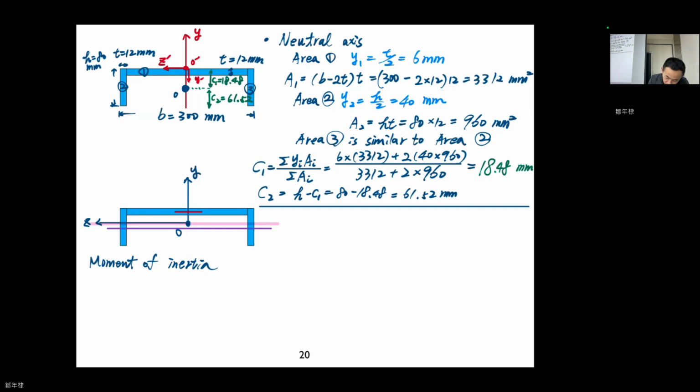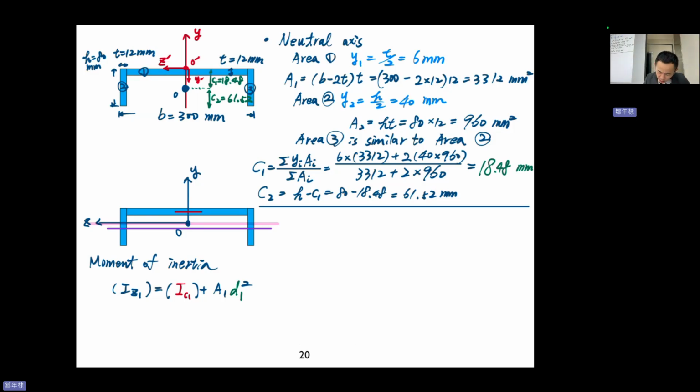So IZ1 equal to IC1 plus A1 D1 squared. Did you see that the D1 is green, which means that 18.48.